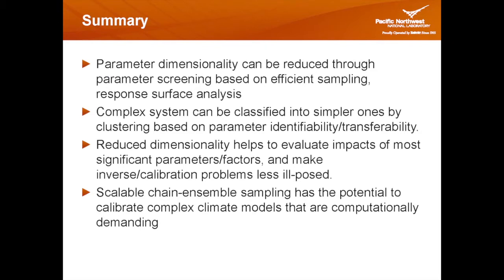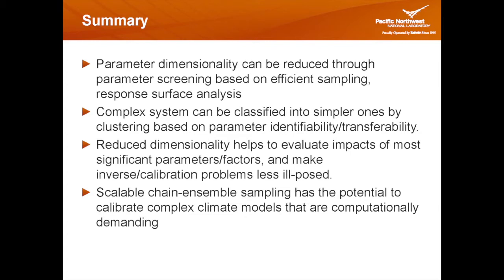Okay, a summary. Parameter dimensionality can be reduced based on parameter screening, to make your problem less ill-posed or to have a better understanding of the relationships between your model outputs and the input parameters, but that relies on your exploratory or effective ensemble design.